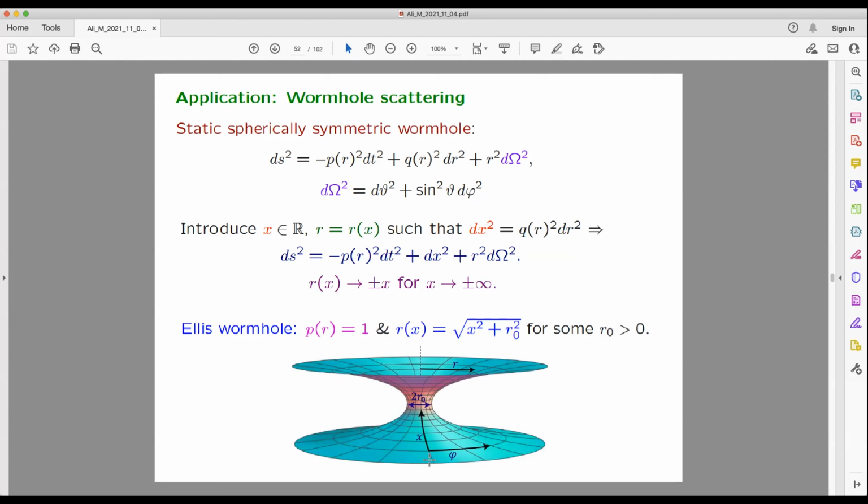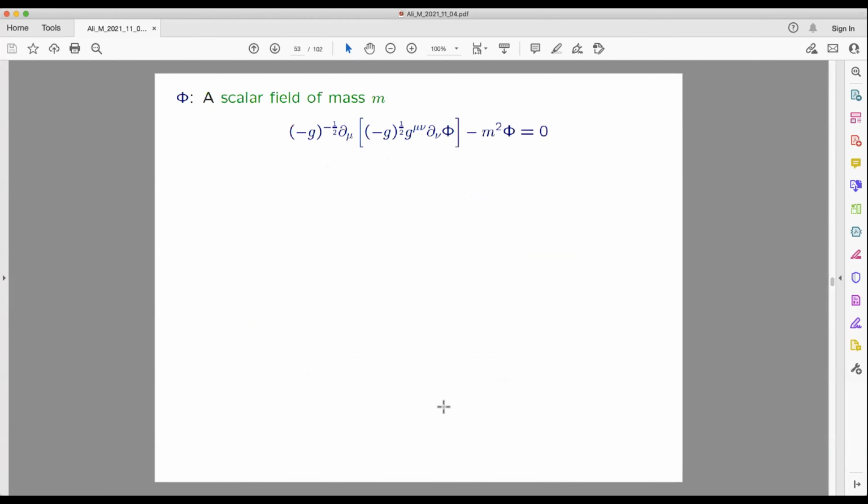From minus infinity to 0, it's on one of the sides of the wormhole, and from 0 to plus infinity, you go to the other side. So you can consider these as two universes which are related by this wormhole. And R0 is a kind of measure of how big the throat is. This is one example of this class.